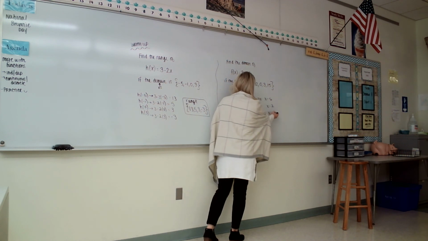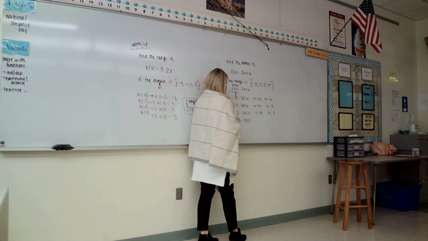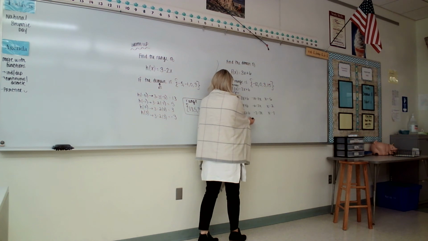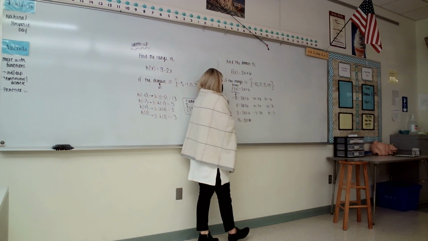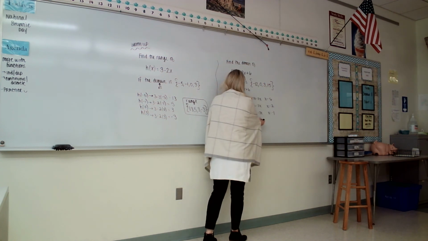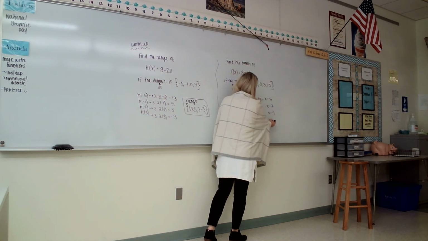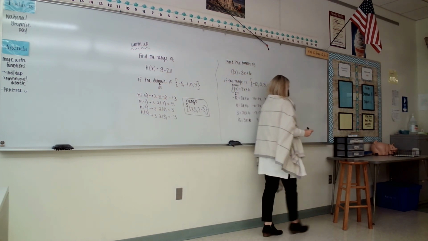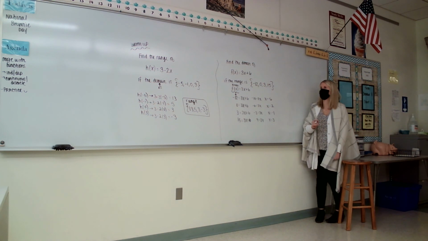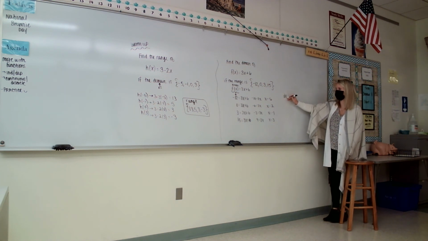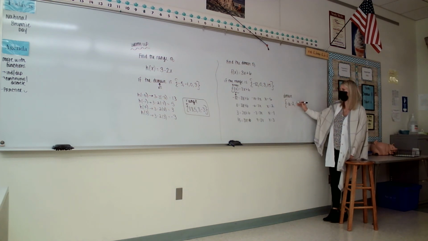So x is going to equal -1. And if I subtract 6 from 15, that gives me 9 equals 3x. So x would equal 3. So in this case, I found the domain, and it is -6, -2, -1, and 3.